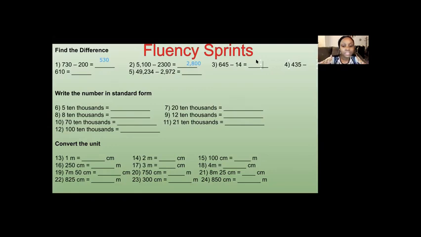Third one is 631. The fourth one is negative 175. The fifth one is 46,262. Any questions so far?